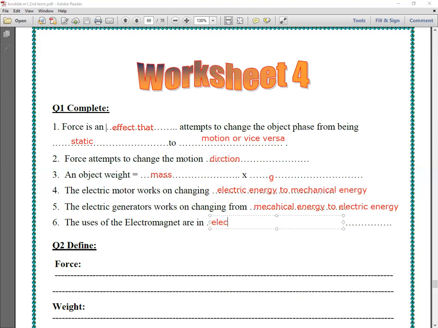It's used in some devices like electric winches to lift the scrap cars or scrap iron and car parts.